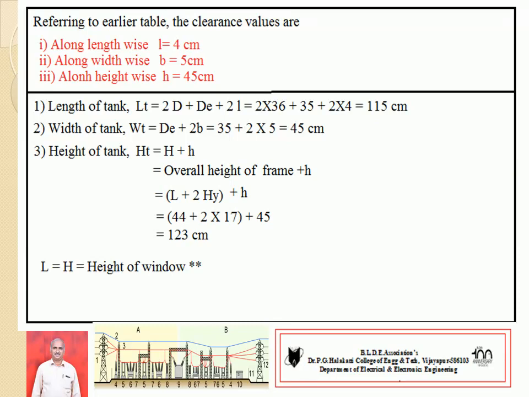Directly you can calculate 123 centimeter. L is the length of window or height of window, not the overall frame. Overall frame means plus 2 times HY. Height of yoke is given, you have to account for that. So we are going to get 123 centimeter.